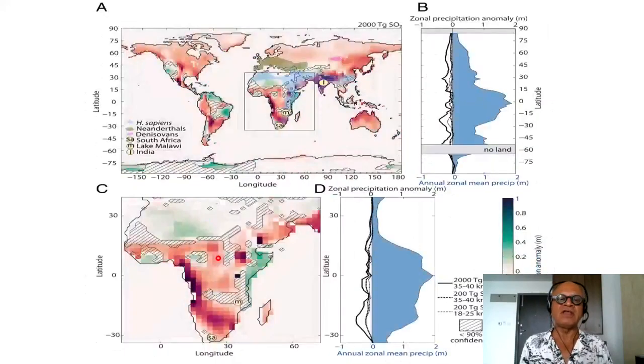So talking about the rainfall change, here it is. There is massive global drying, as you can see with the reddish colors. These are precipitation anomalies in meters over the period of simulation, as we saw before. So you can see that there were refugia or local spots of increased precipitation as rendered by the model, with minimal changes in some other places.